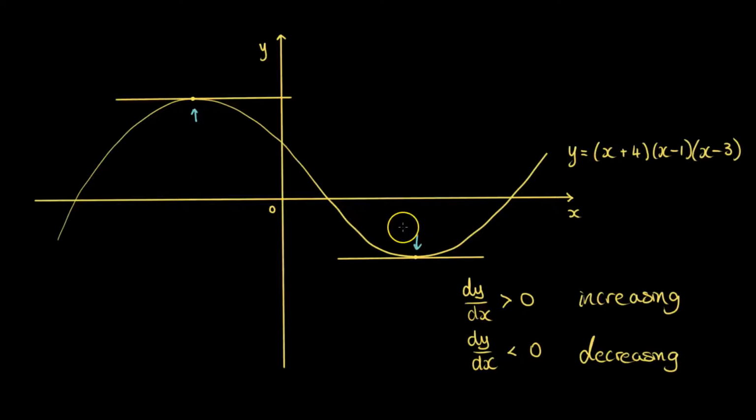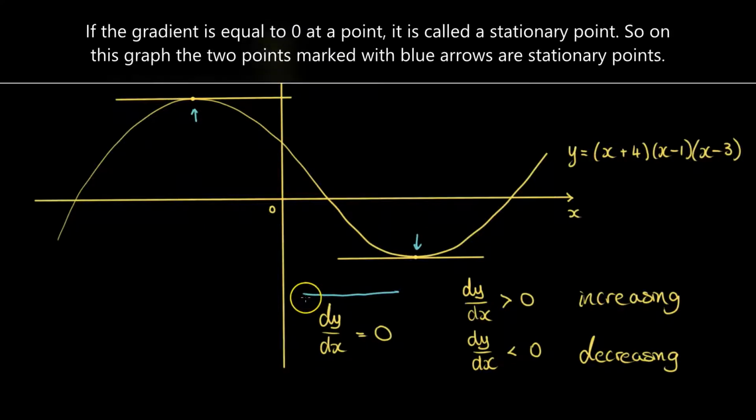It was between these 2 points where dy/dx was less than 0. So it's important to remember that these 2 points are when dy/dx is equal to 0. These are what we call minima and maxima.